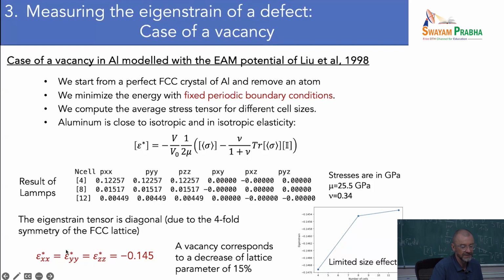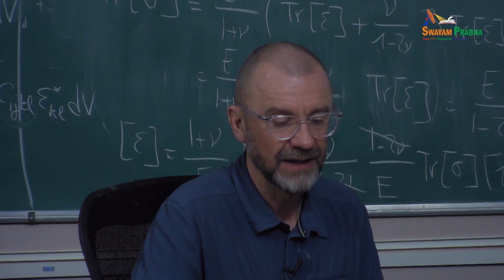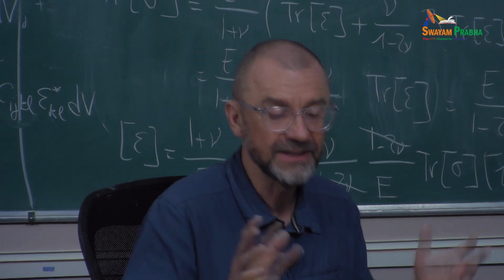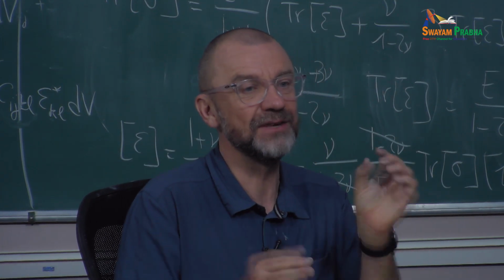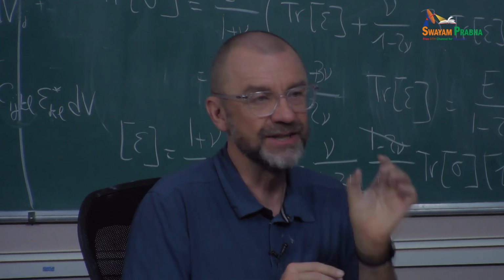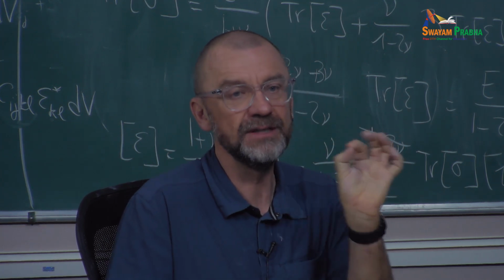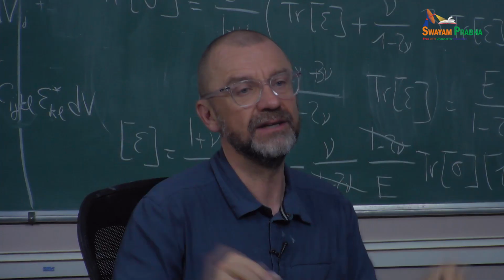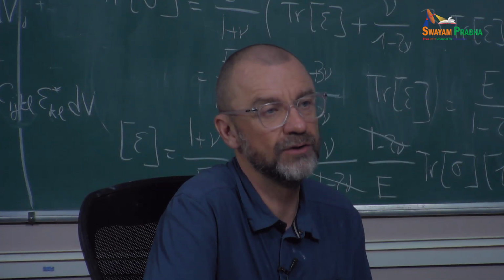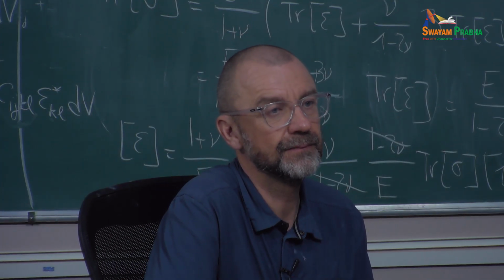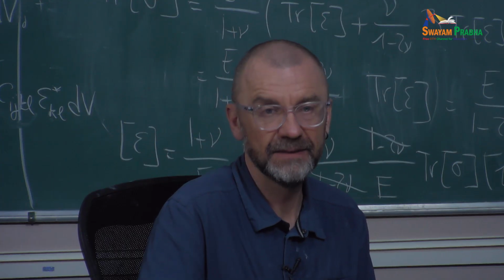But basically, it tells me that the eigenstrain of the vacancy is minus 0.145. And so it means that the vacancy corresponds to a small solute, which is only 15% smaller than the atoms in the matrix. That works?